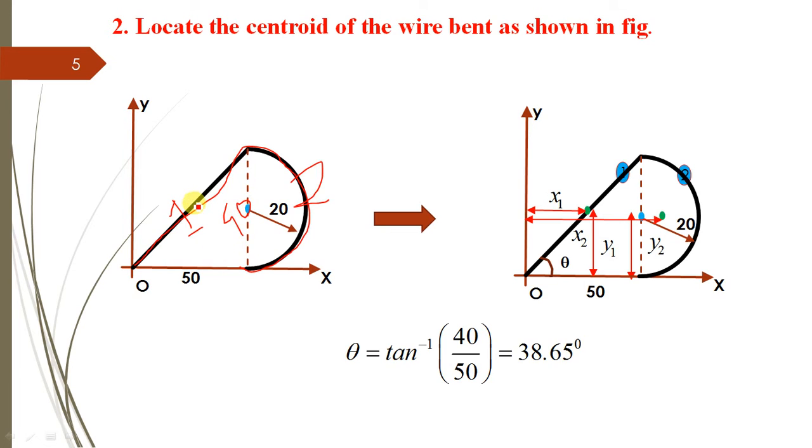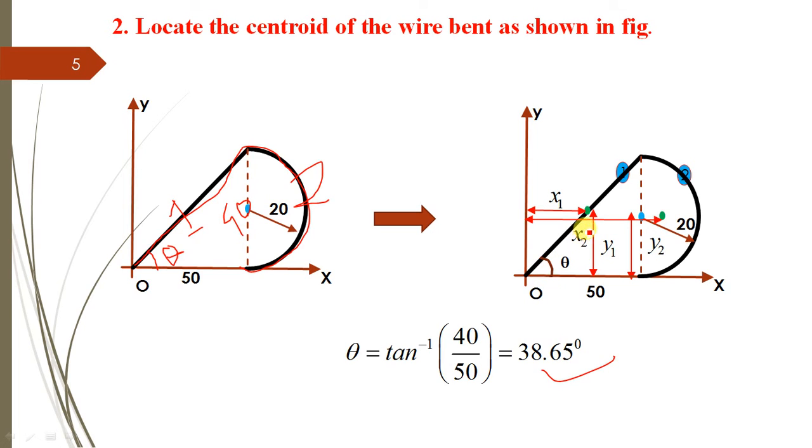By using Pythagoras we can find the hypotenuse. That is the square root of 50 squared plus 40 squared. Or we can find the angle theta first. Theta is equal to tan inverse of 40 divided by 50, that is 38.65.